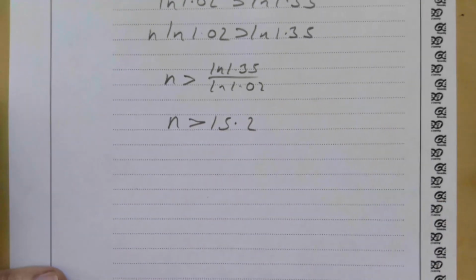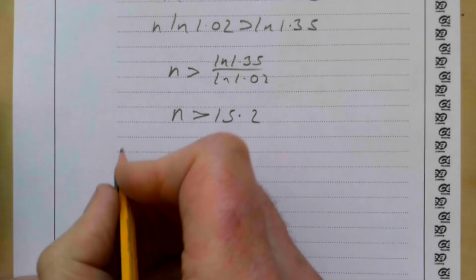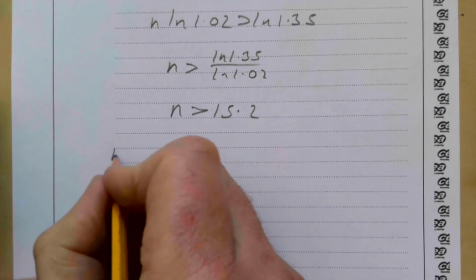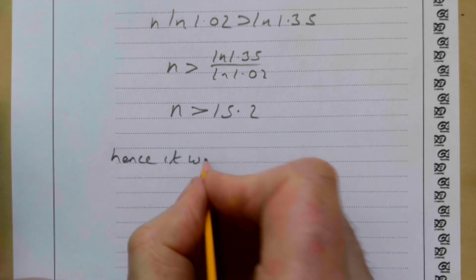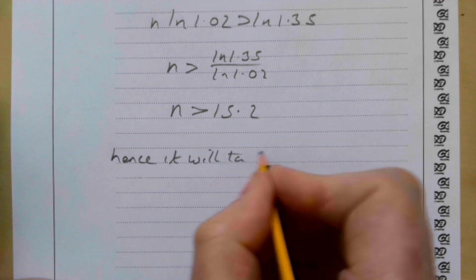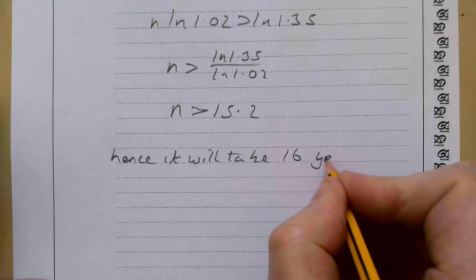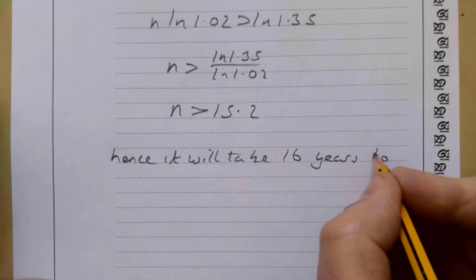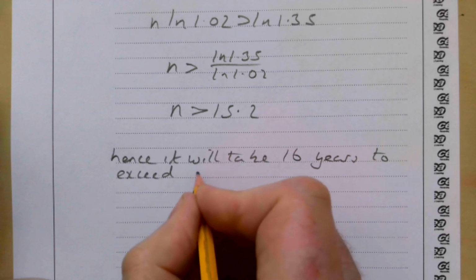So after 15 years it won't quite be there because it takes 15.2. So our final line then, hence it will take 16 years to exceed 7,000.